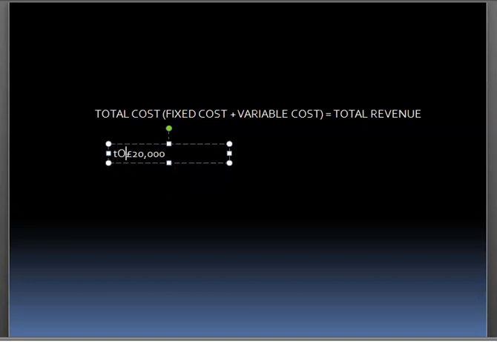If the total cost is £20,000, they want to know how many units they will need to produce and sell to be able to make their £20,000 back.